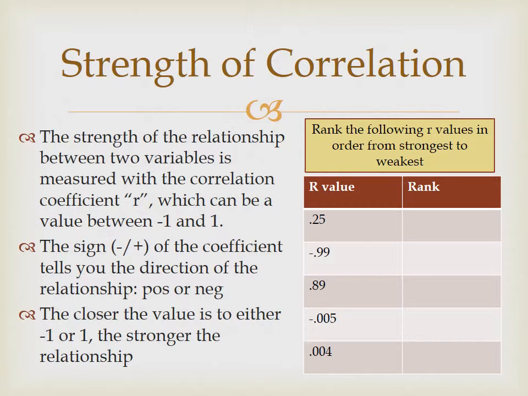And a lot of people get this confused because they would think -1 is negative, and people think that's bad, and people think that means weak value. But actually, an R value of -1 is considered perfect correlation in a negative way, perfect negative correlation. The same as +1 would be perfect positive correlation.